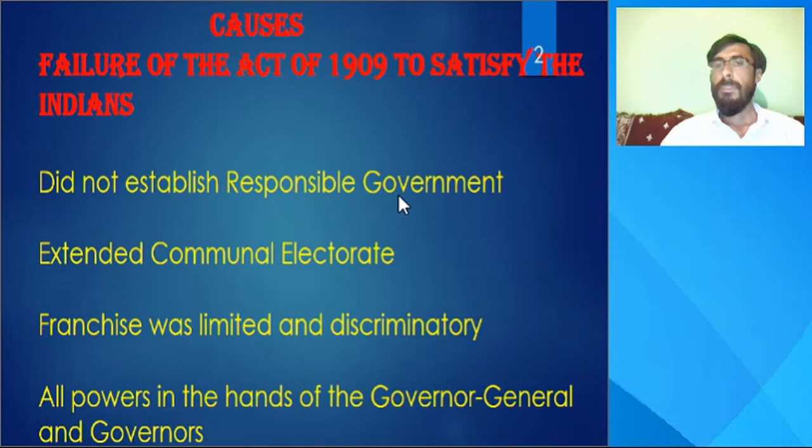Franchise was extremely limited and it was based on discrimination. Only a few hundred people were given the right to vote who possessed certain types of qualifications. And finally, all the powers were in the hands of Governor General in respect of Imperial Legislative Assembly and governors in respect of their respective provinces. So the Indians were not satisfied with this act and they continued their demand of responsible government.